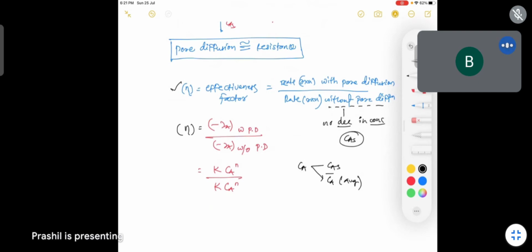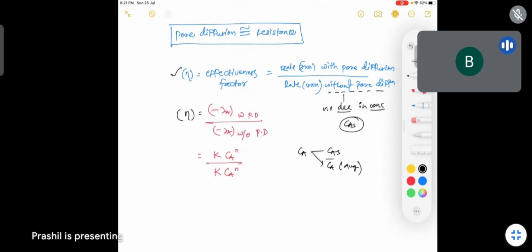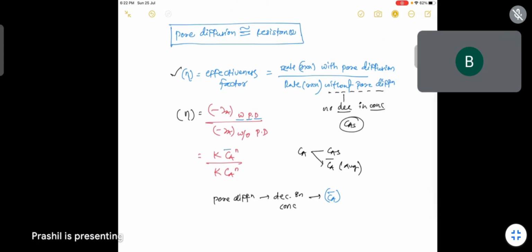In case of pore diffusion, whenever there is pore diffusion, I told you there is decreasing concentration. And whenever there is decreasing concentration, in order to have a value, I calculated the average concentration, that is Ca bar. So whenever there is pore diffusion, that is your numerator, Ca would be your Ca average for nth order reaction.